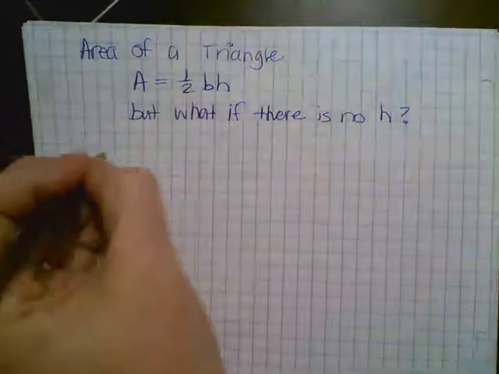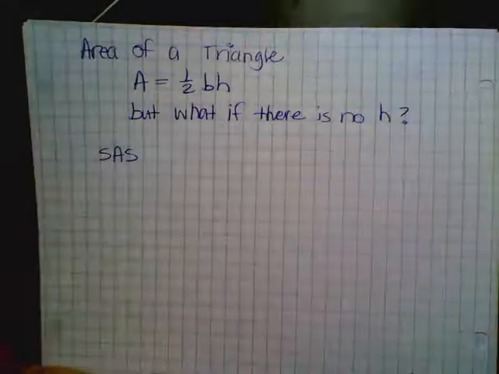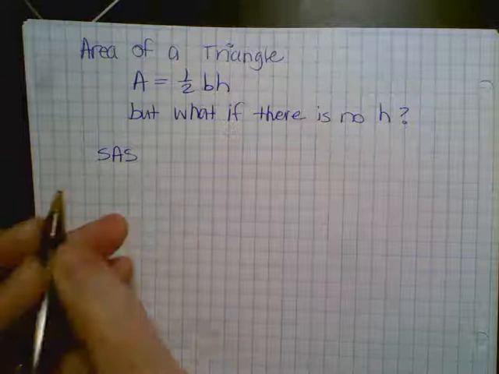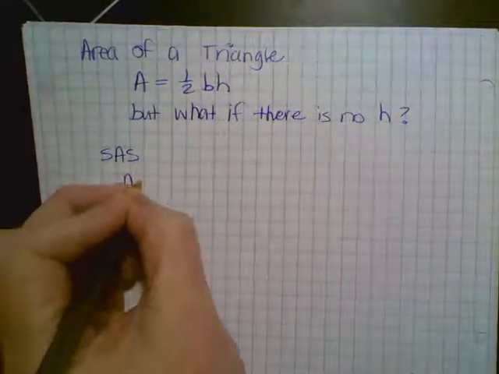If you end up with an SAS triangle, so you know a side and then the included angle, there's another formula.